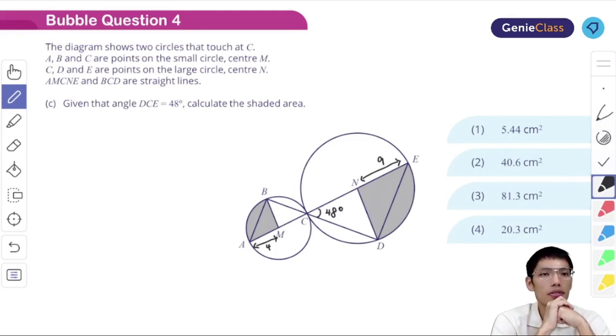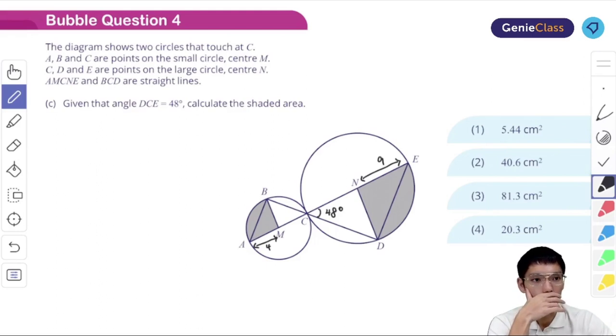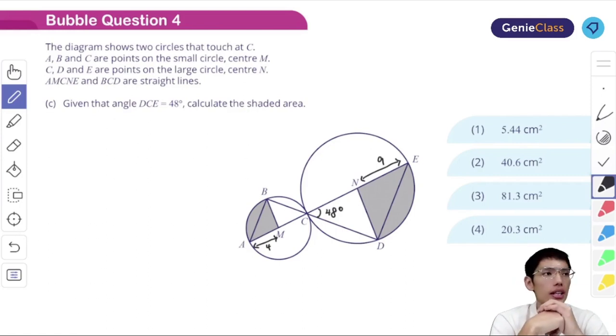You have about 1 minute left, give it a shot. Last 45 seconds. While looking at the responses, I'm heartened. Just be careful of the angle that you are actually using over here.